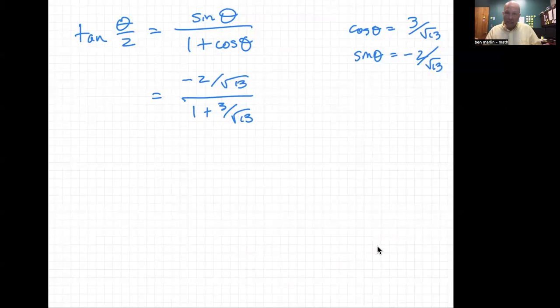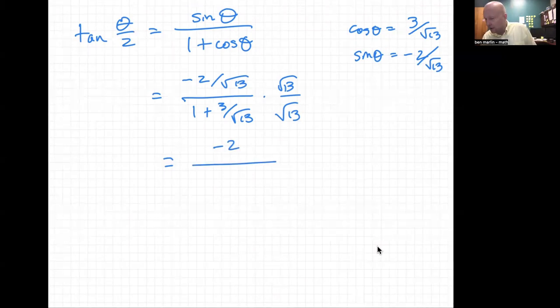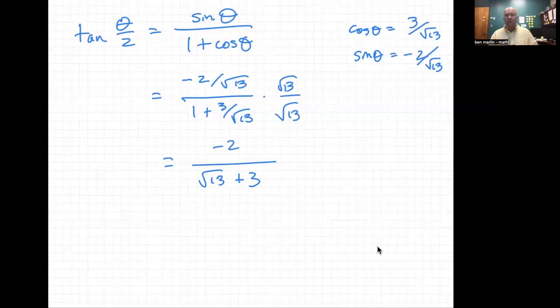Okay, we need to get rid of the square roots of 13. So I'm going to multiply top and bottom by square root of 13. And on the top, I'll get just a negative 2. But on the bottom, I'll get a square root of 13 and a plus 3. Okay, and we just leave it. That's all we have to do there. So the tangents are considerably nicer than either the sines or the cosines.